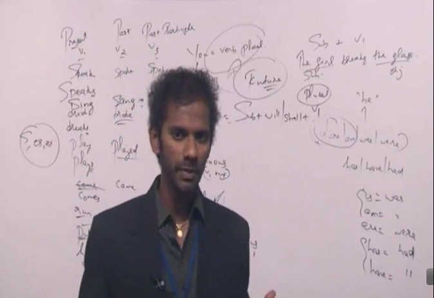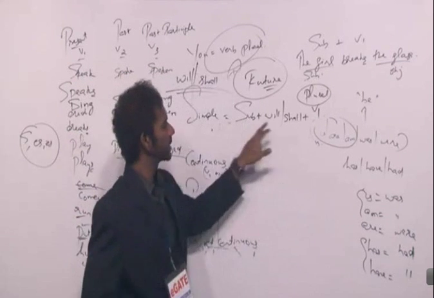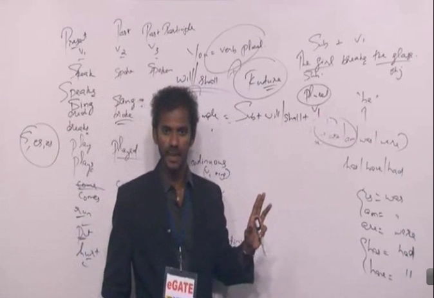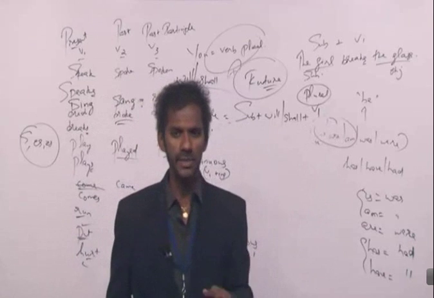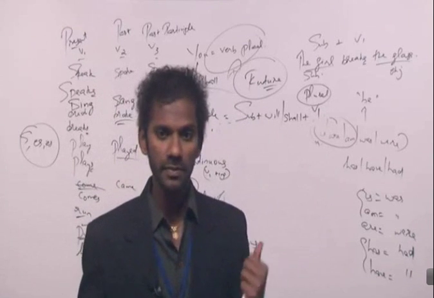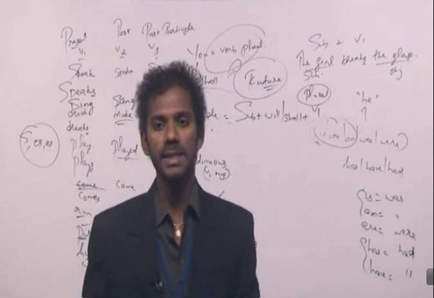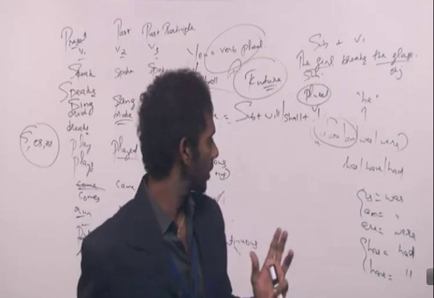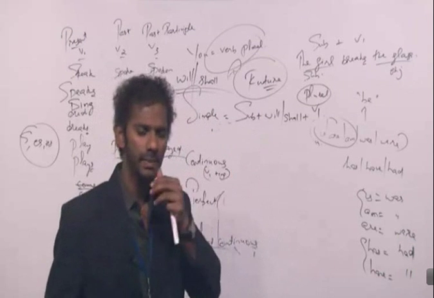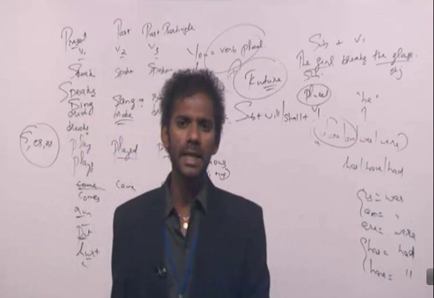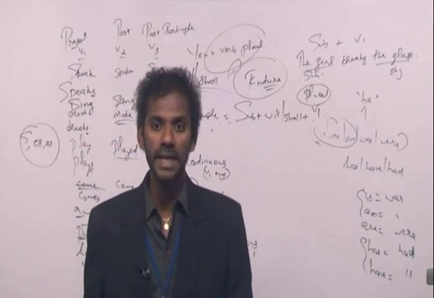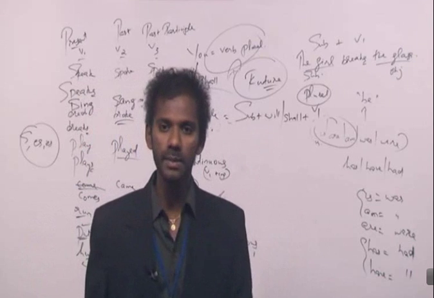Now the rule of simple future tense is subject plus will or shall plus V1, always plural, right? So the verb does not depend on the subject. So the girl breaks the glass becomes the girl will break the glass, because break is V1 plural.